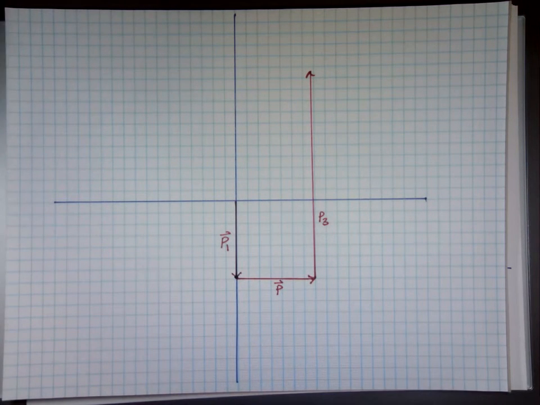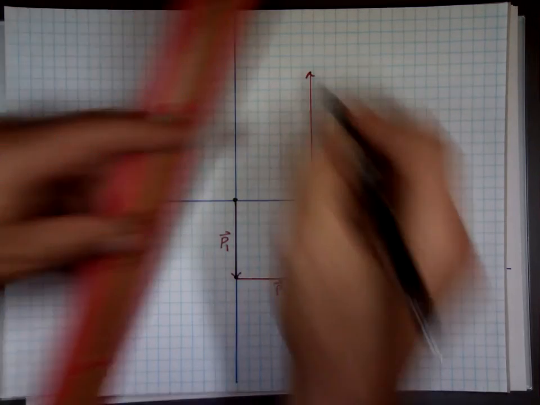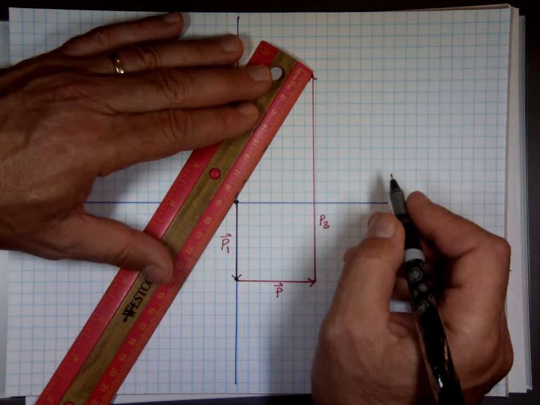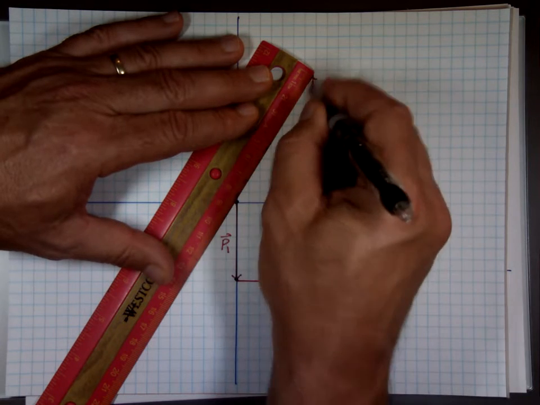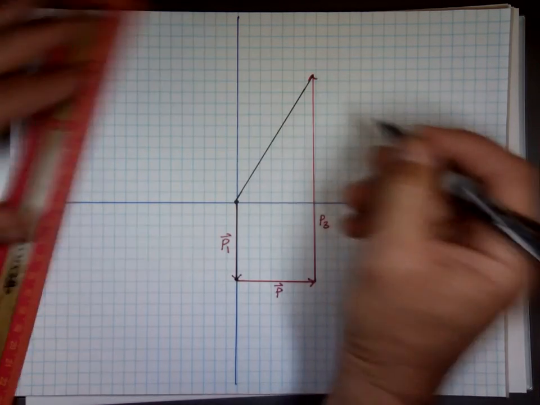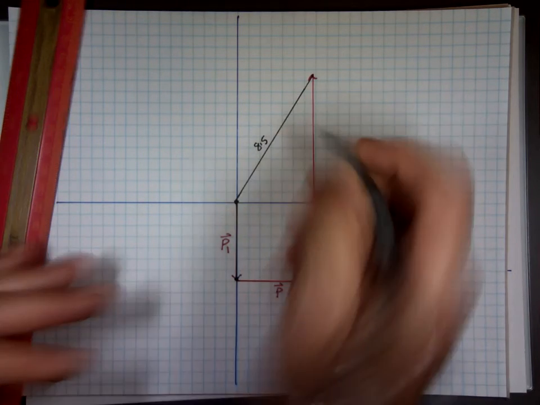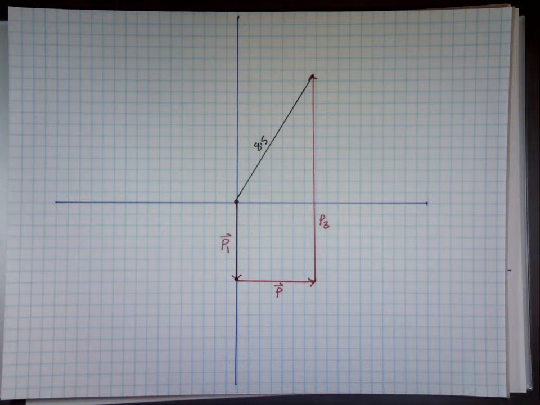So what's the result? The result is going to be this vector from the origin, where we started from, to the final spot. That's my resulting vector. I'm measuring the length of it. It's almost 8.5. So this is 8.5 centimeters, which is 8.5. And I need to measure the angle. I might be off by a degree because I see my line is already on top of that circle.